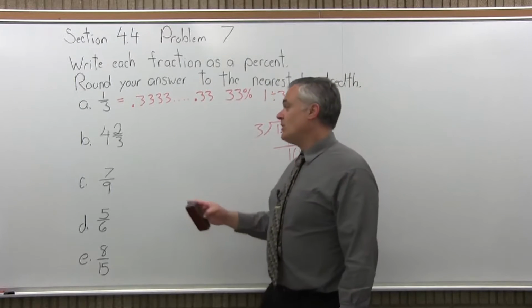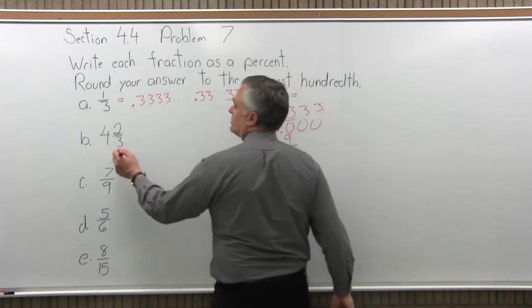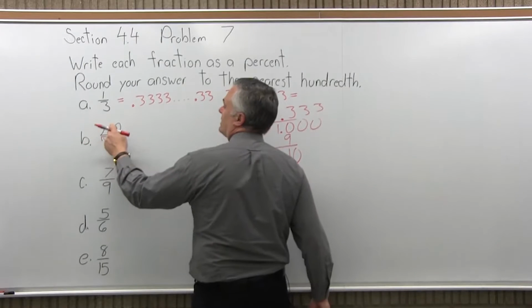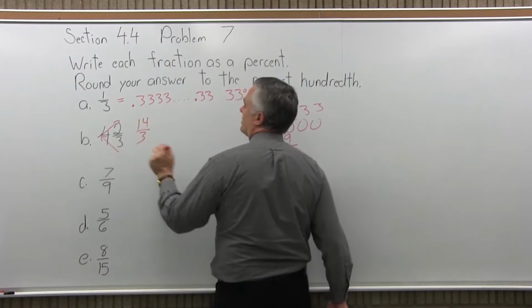Now, you can just deal with the 2/3 and put the 4 back, or you can do this. 3 times 4 is 12, and then 12 plus 2 more is 14. So I can write it as 14/3.